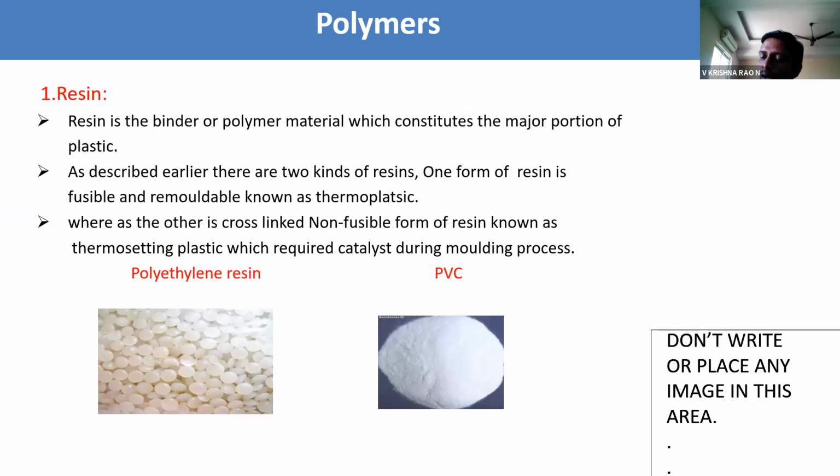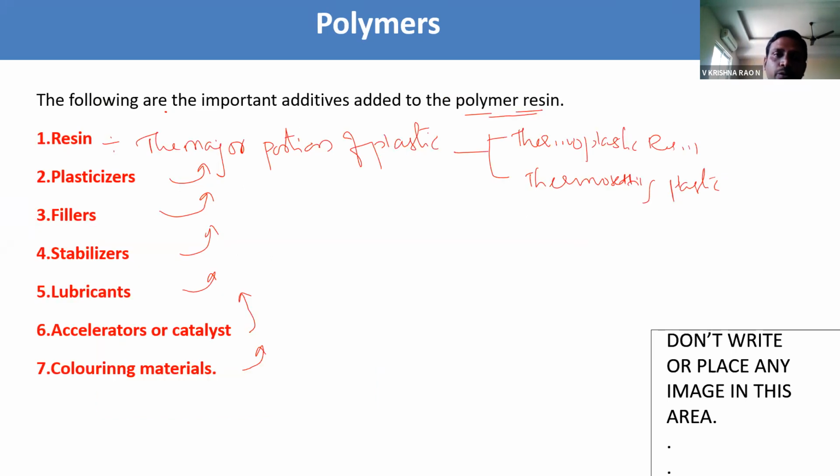Now see what actually the additives are: resins, plasticizers, fillers, stabilizers, lubricants, accelerators or catalysts, and coloring materials. These are the chemical admixes that act as additives to the polymer resin.